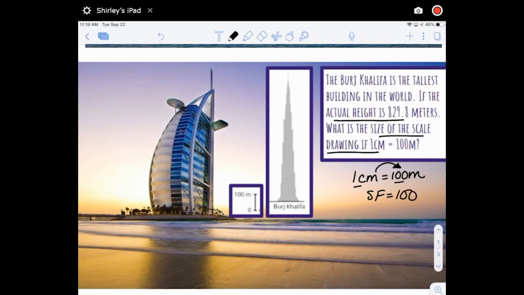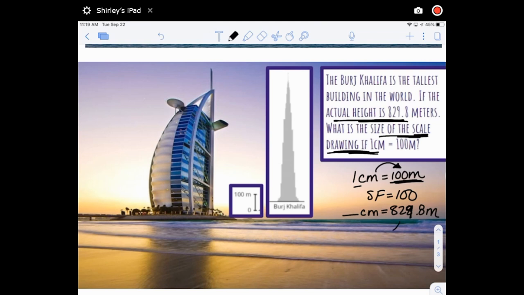But the difference in this problem is that it's asking us for the size in the scale drawing. So I know the actual height. So I'm going to make sure I match my units up. If I have meters on the right, I'm going to keep my meters on the right, and I get 829.8 meters. And I'm looking for the centimeters. So this one you had to recognize that you were working backwards.